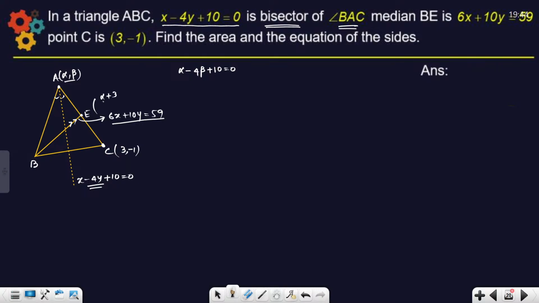It's alpha plus 3 by 2, beta minus 1 by 2. Now, this point E is very much on the line BE, hence it must satisfy this equation. So now if I solve these two equations, we are going to have point A, which is alpha comma beta, right? So let me just solve it very quickly.